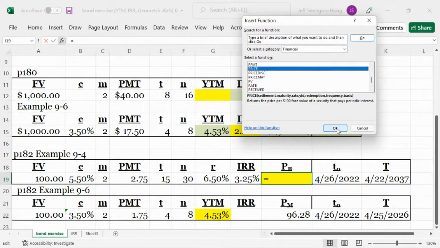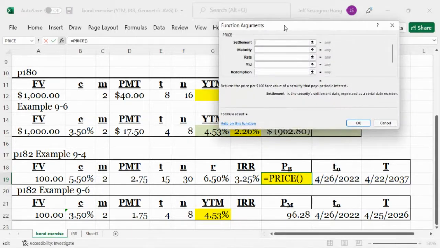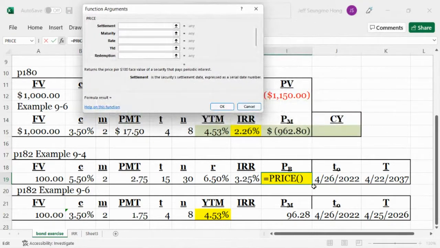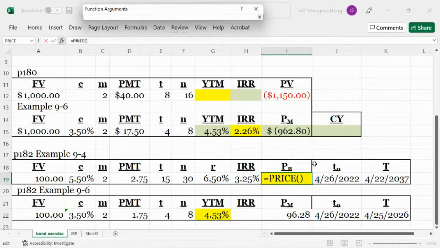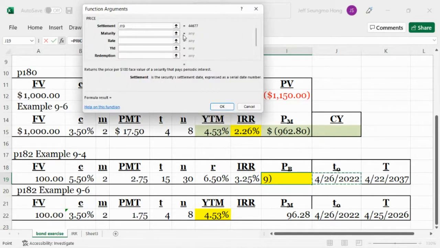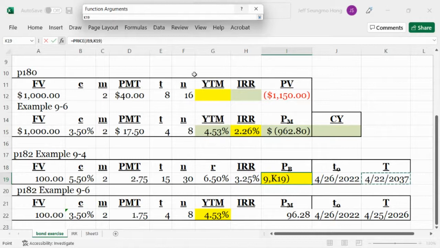There's price. And once again, to use this function, you will need to have this layout. All the prices expressed as the percentage of the face value, and you must have settlement date and maturity date. So first, settlement, you enter settlement date. And then maturity, you enter maturity date.